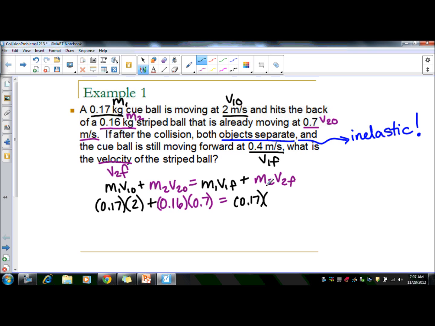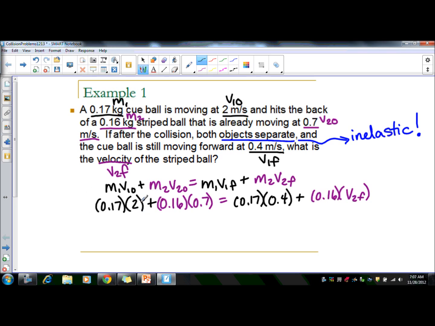So since it's moving forward, it's just going to be 0.4 plus M2, which is the striped ball, 0.16, times V2F. That's what we're looking for.